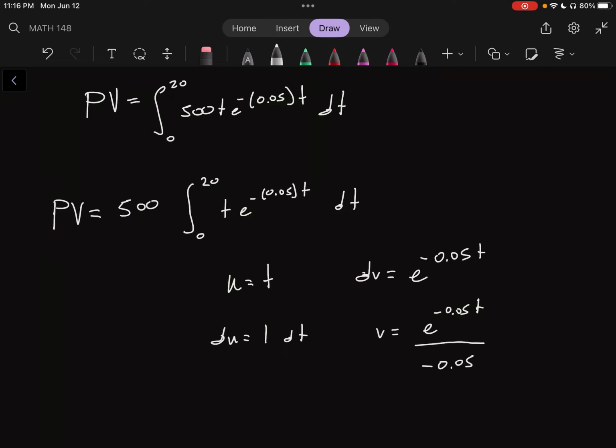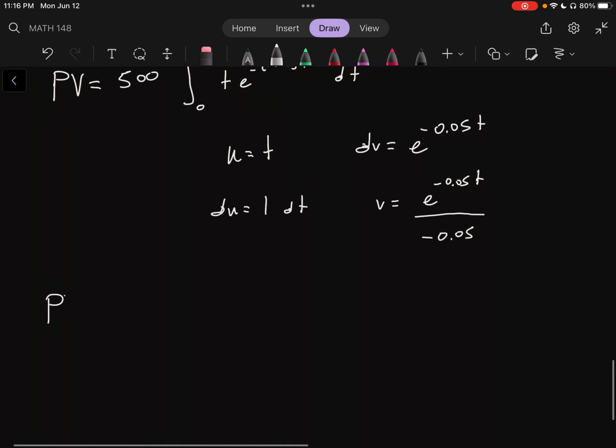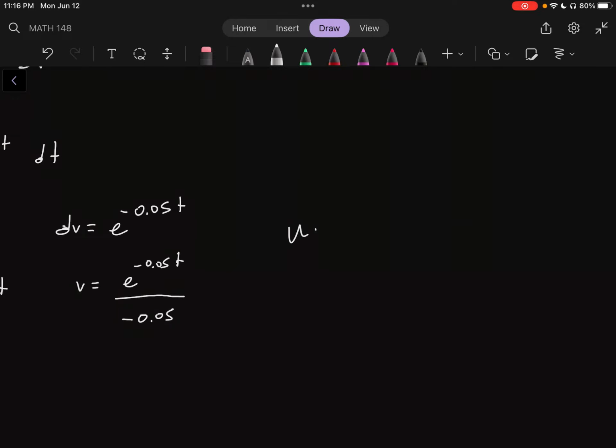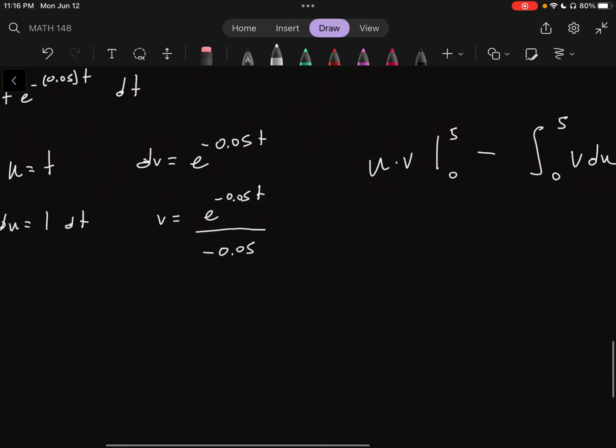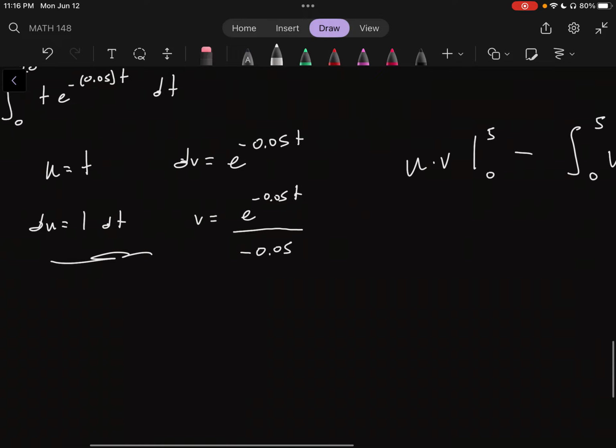Okay, so now let's bring down the whole equation. Present value equals 500 times the integration by parts, which is u times v minus the integral of v du. Now we take this information and plug it in.